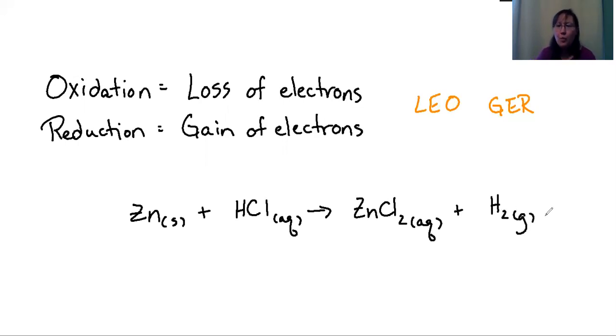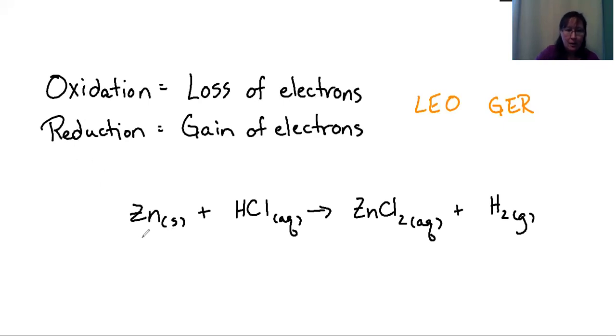This is one of the reactions that you probably saw in the lab for this section, and this is oxidation reduction. Before we balance it, remember we balanced the acid-base reactions a little bit differently so that we could see the actual chemistry involved. We're going to do the same thing here, and we're going to start by assigning oxidation states.